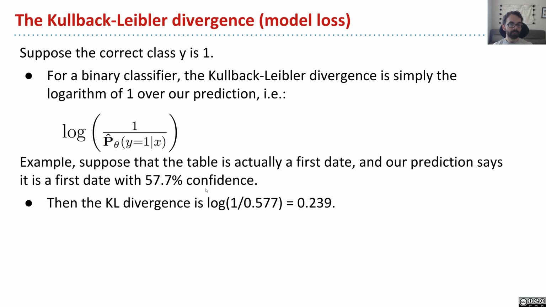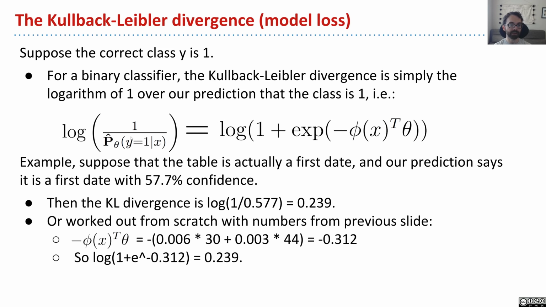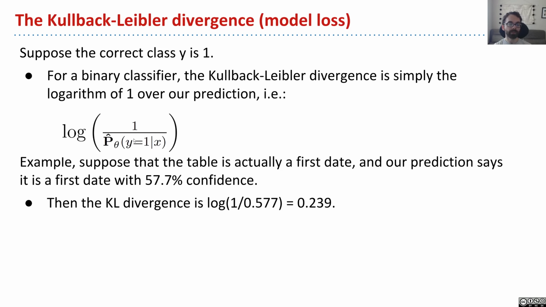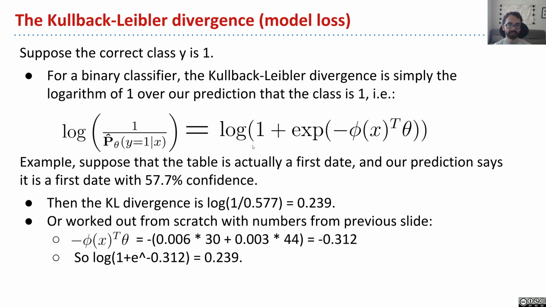If we want to do this again from scratch, a different way of looking at that is, well, we know what this expression is from the previous slide. Our estimated probability that it belongs to 1 is this expression. So if we do 1 over that expression and take the log, if you just substitute in, it's log of 1 plus e to the minus phi transpose theta.